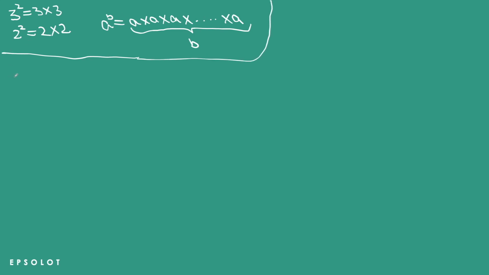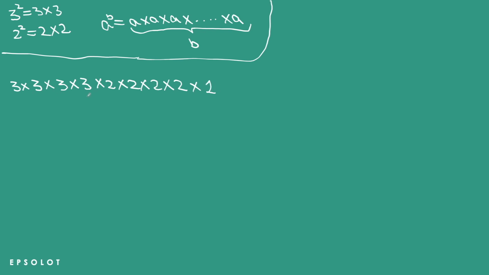Normally, the way we use exponentials is to simplify long equations that you may have in front of you. For example, if you have something that looks like this: 3 times 3 times 3 times 3 times 2 times 2 times 2 times 2 times 1.